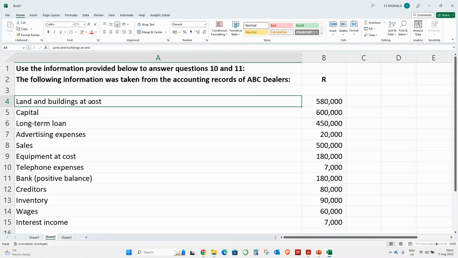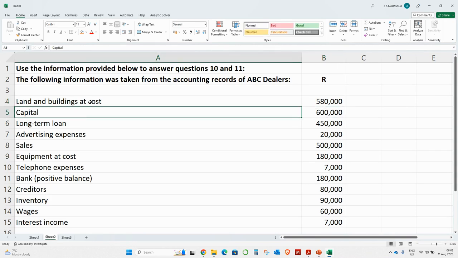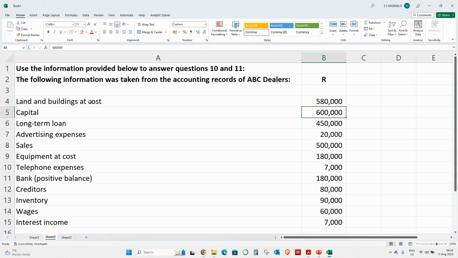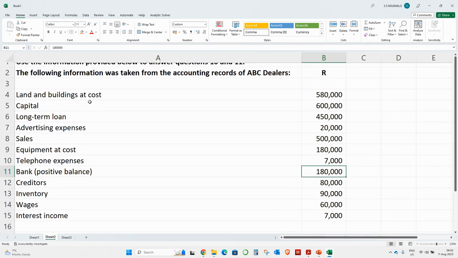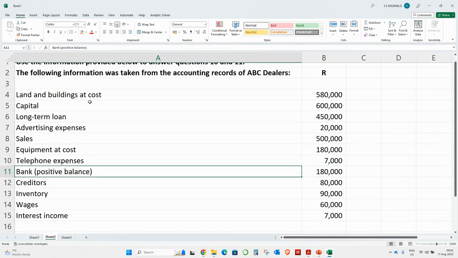The land can stay for whatever, forever, so it's non-current. Capital, this is equity, so they are looking for assets. This one is long-term loan, so this is non-current liability. This is an expense. This is income. This is a non-current asset. This is an expense. This is bank positive balance. So this is an asset.